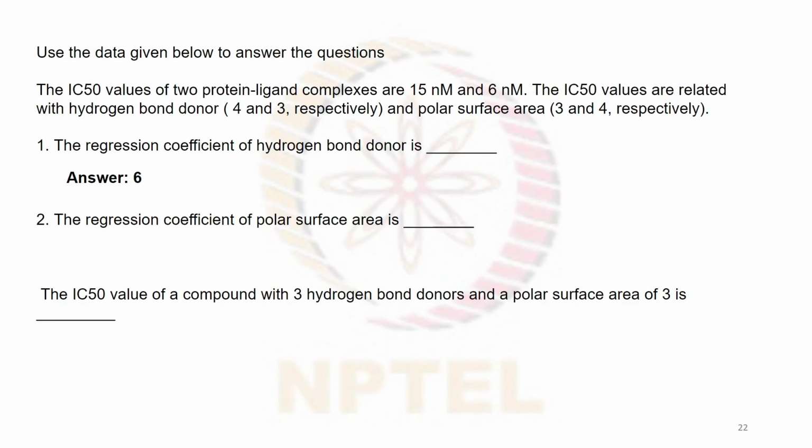The regression coefficient for polar surface area is minus 3, and the IC50 value is 9.